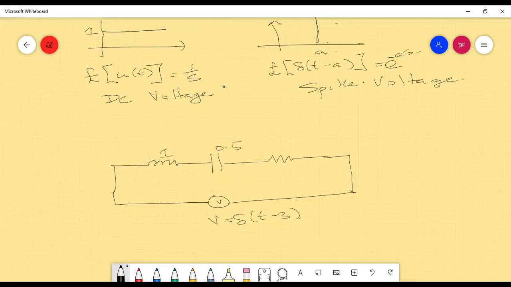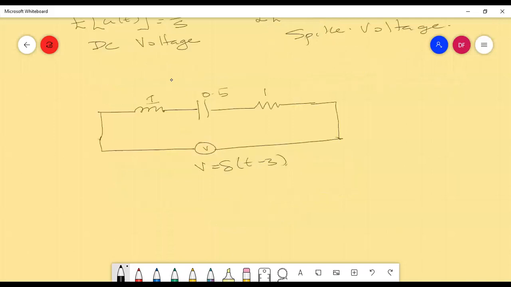So in other words, you have this circuit and you have a voltage spike at 3 seconds as the input to the circuit. So this is the voltage spike at 3 seconds.